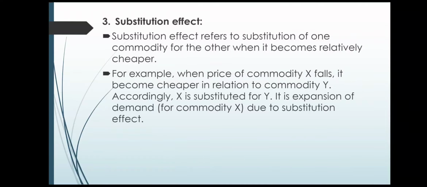So over here they are saying that if the price of a particular commodity, suppose commodity X, falls, then that commodity can be used for substituting a similar product, which is mentioned over here as Y. So as soon as the price of commodity X falls, the demand for that commodity is going to rise, so that people are able to substitute their requirement of commodity Y with commodity X. That is substitution effect.